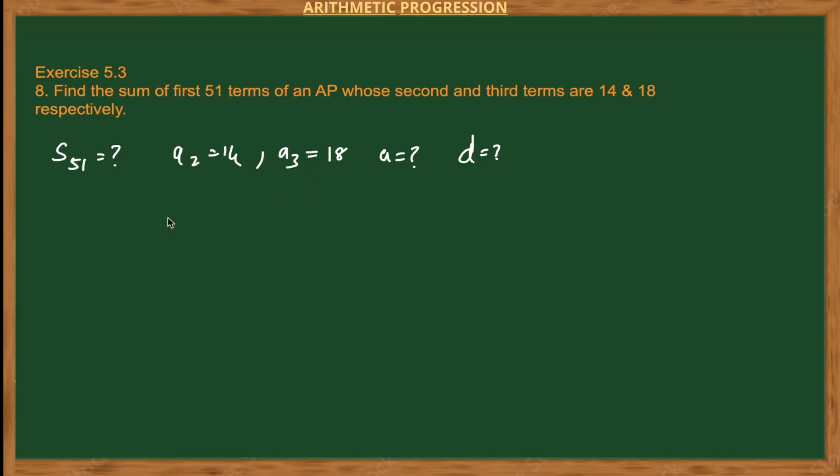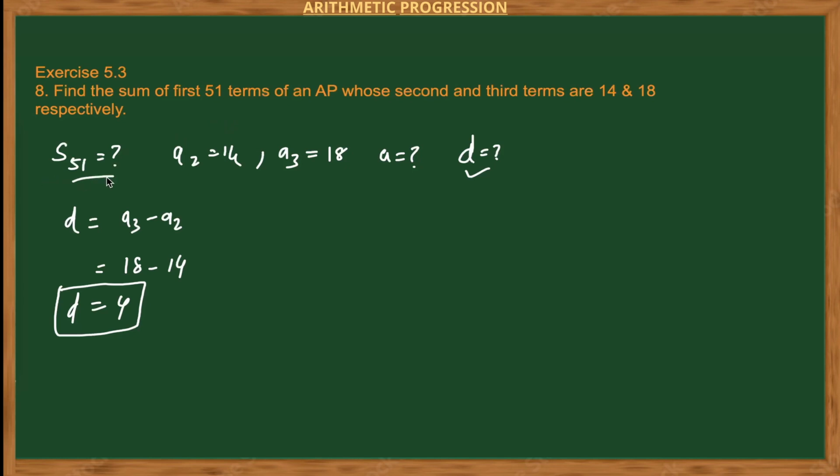So let's proceed here. d is equal to a3 minus a2, so 18 minus 14. So what is the value we'll get? d is equal to 4. Okay, so we got the d value as 4.